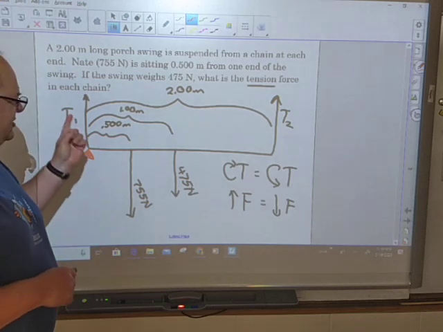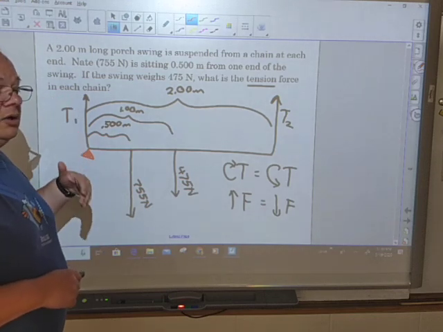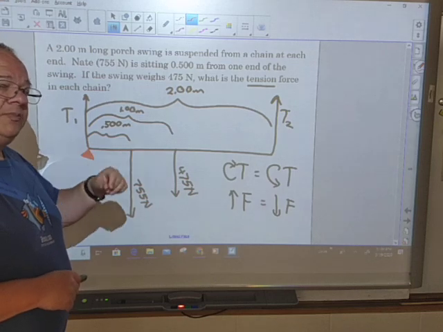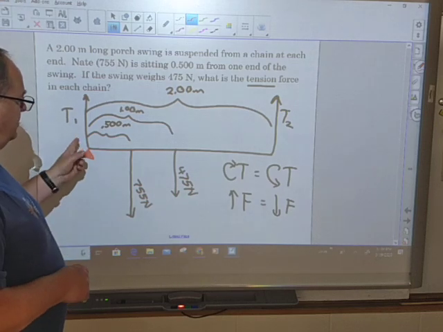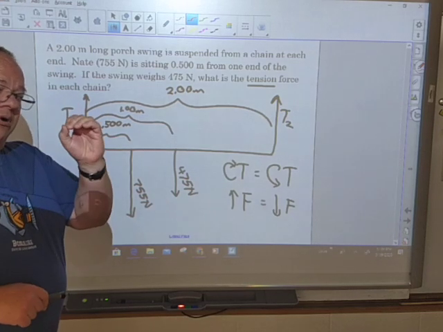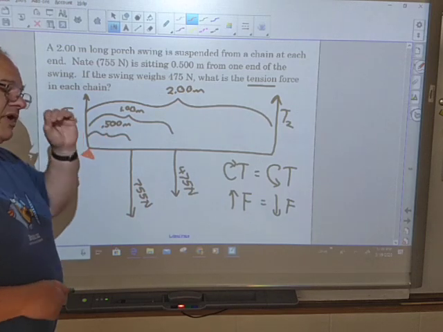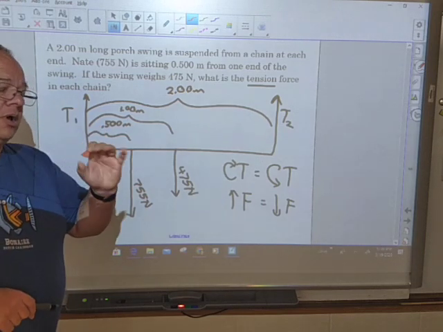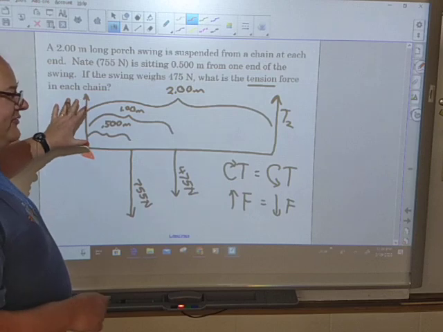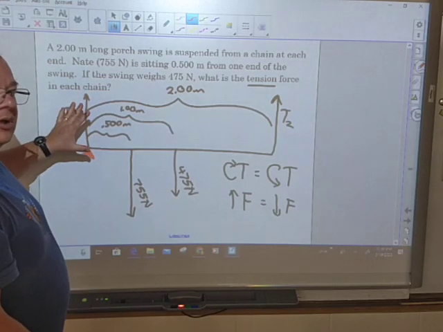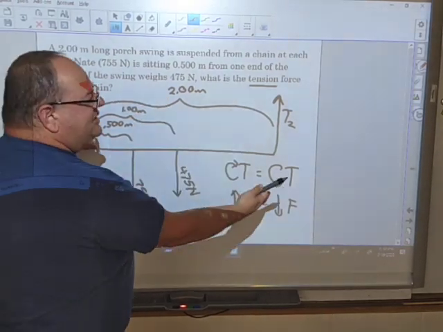The torque is the force, which we don't know, T1, times the perpendicular distance to the pivot. The distance to this pivot is 0, which means the torque is right now 0. So one of my variables is going to drop out of the equation. And that allows me to solve the rest.